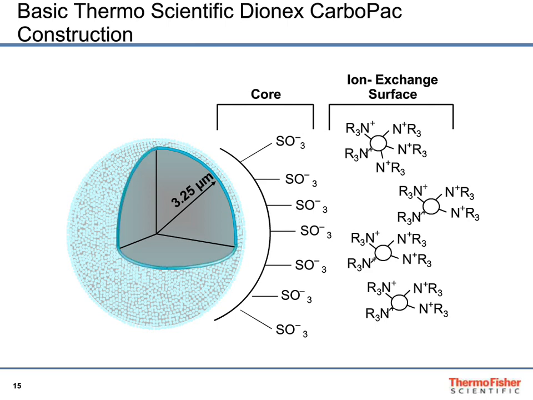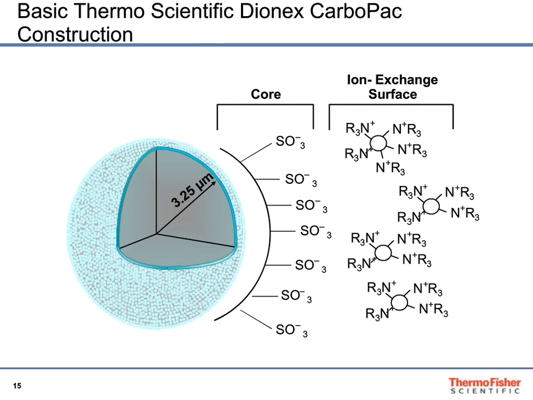So we take as a solid core styrene divinylbenzene and ethylvinylbenzene. That is 0 to 14 pH compatible. From there, we cook that in hot sulfuric acid, and that gives us the sulfonated groups around the core. So that now it's basically a cation exchanger, which is not what we want.